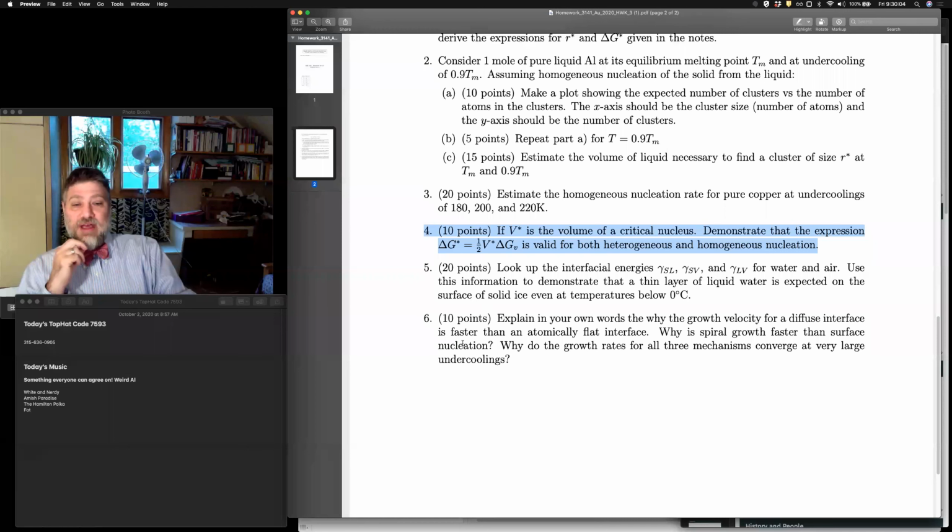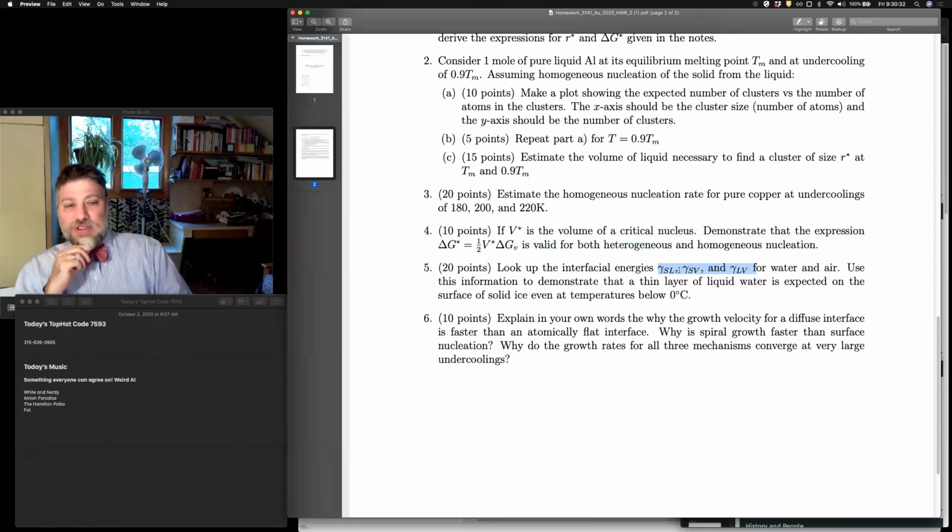Question 5 and 6. These are just more conceptual. You don't actually need highly detailed numbers for these.